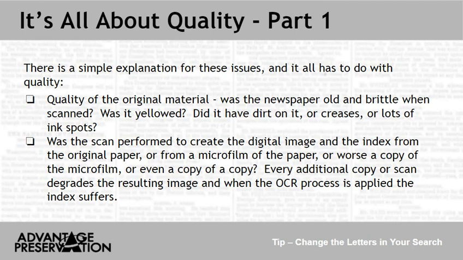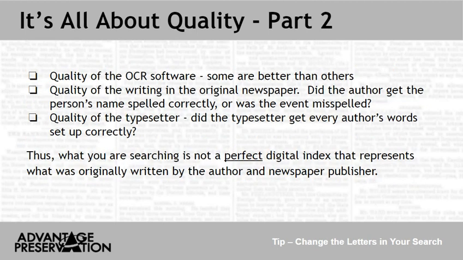Maybe there was another copy of the microfilm, a third iteration, if you will, of the newspaper. Regardless of whether it's the first, second, or third iteration, every time you make another iteration, the quality suffers, and as a result, the search index suffers. OCR software, some are better than others.